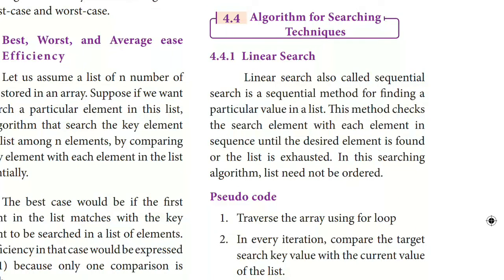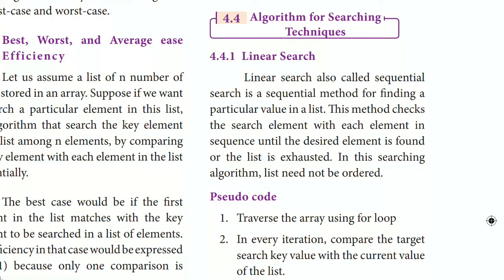Or it will display that it is not found, when it searches all the data but does not find the element in the group of data. This is the possible way of finding it.